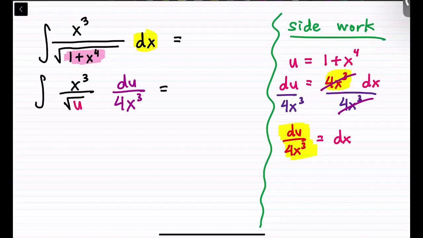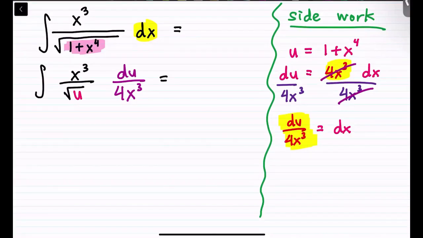Next, let's further simplify our integrand here. So these x cubed cancel out. And notice here that we have 4 in our denominator. So for our constant, we have 1 over 4 here. So 1 over 4 is written outside of our integration symbol.